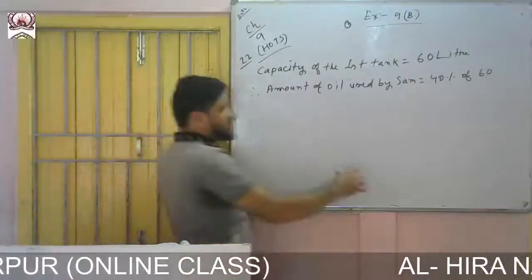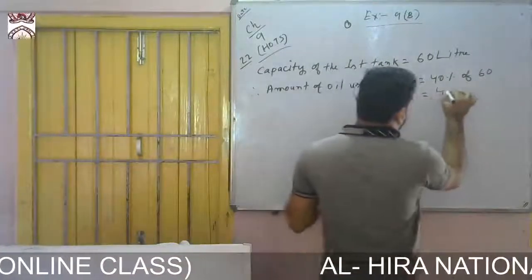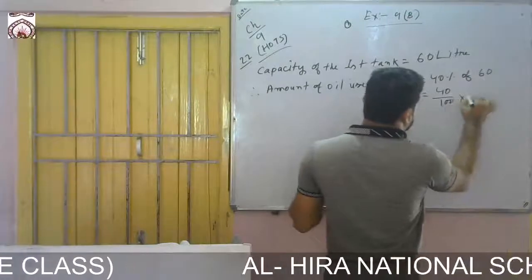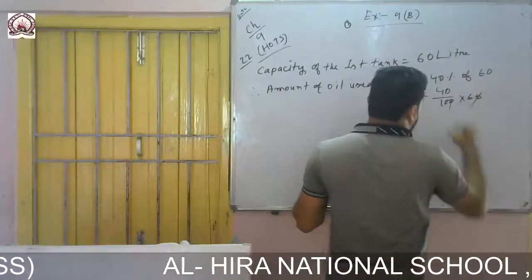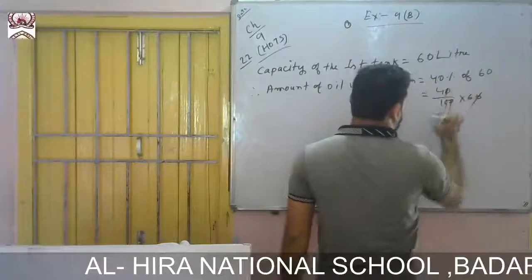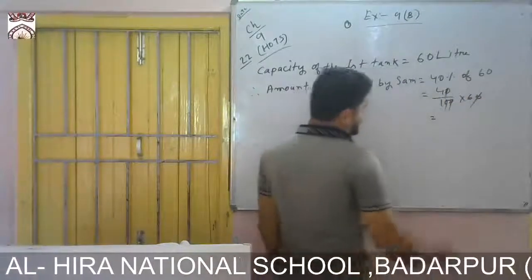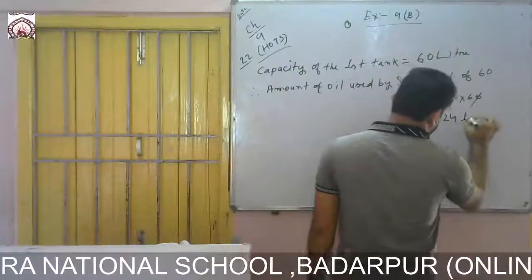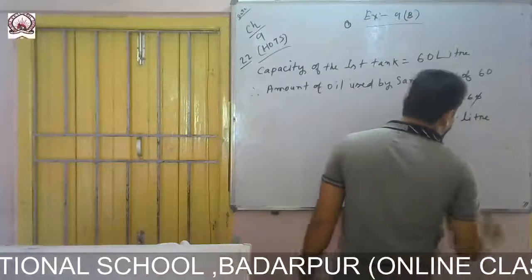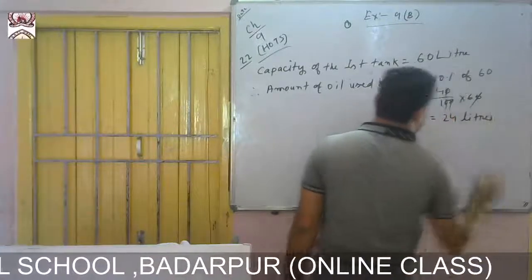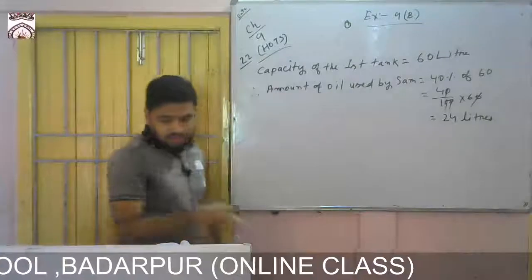So 40% of 60 will be 40 by 100 into 60. Cut zeros, then this 0 also you can cut. 24 liters.